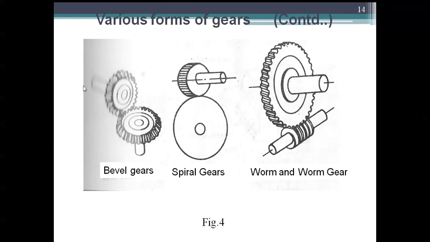So this is the worm. This shaft is a long rod having a spiral, which is the worm, and we should note one thing: the worm can rotate the gear. So this worm will rotate the gear. In most cases, reverse is not possible in a worm and worm gear.